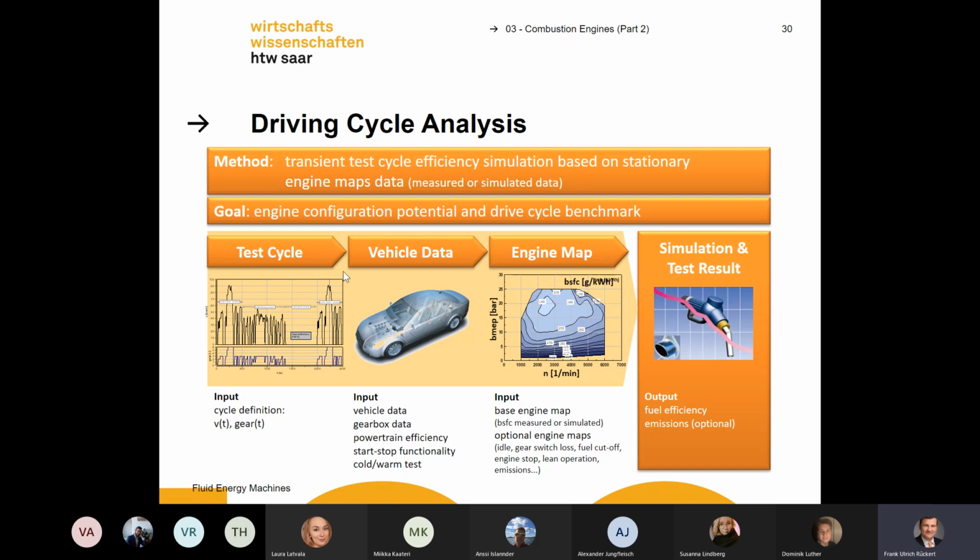So the engine must be designed for many different test cycles, and you do not have one optimal point. You should have a kind of map, an engine map. You should have different rotations of the crank, different pressures inside the cylinder, and for all of them you must have regions of optimal behavior. You can imagine that's a lot of work.